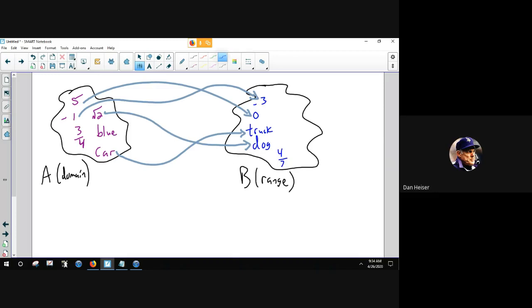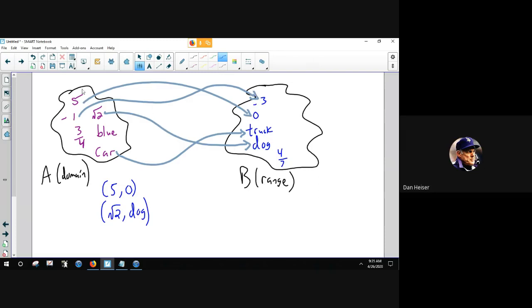So if I'm going to write some ordered pairs here, I could say that I have the ordered pair 5, 0. If x is 5, f of x is 0. If x is the square root of 2, f of x is dog, and so on. And so far I have a function. Every x has exactly one f of x.